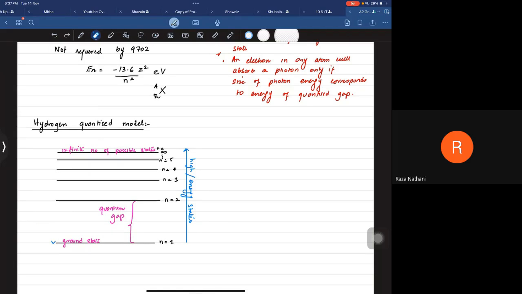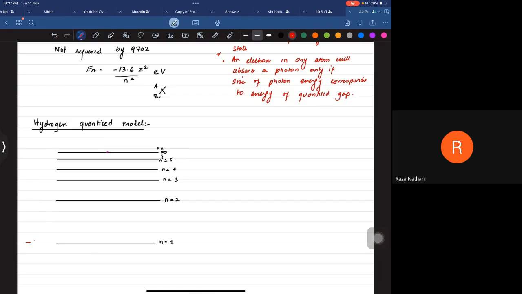Minus 13.6 eV, minus 3.4 eV. This one is minus 1.51 eV.